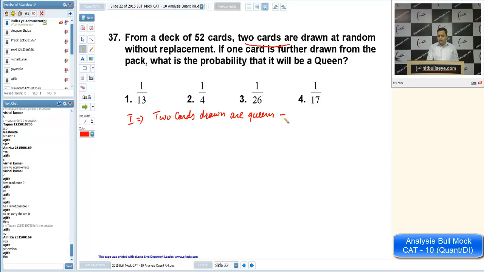So first of all, we'll find the probability that 2 cards are queens. There are 52 cards, so total cases will be 52C2. And since we have drawn 2 queens, it is 4C2 because we have only 4 queens in the deck of 52 cards. Now we are left with only 2 queens and 50 remaining cards. So to get the third card as a queen, the probability will be 2C1 upon 50C1, or simply 2 out of 50. So this is the first case.